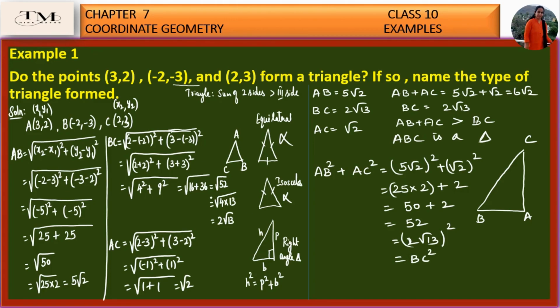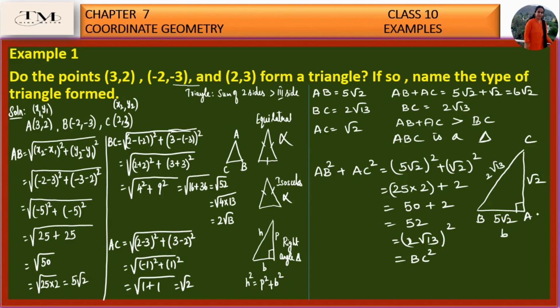Okay children, because root 52 is nothing but 2 root 13. So 52 is root 52 whole square, which will be 2 root 13 whole square, which is nothing but BC square. So we got AB square plus AC square, where AB is 5 root 2 and AC is root 2, equal to the hypotenuse BC square, where BC is 2 root 13.